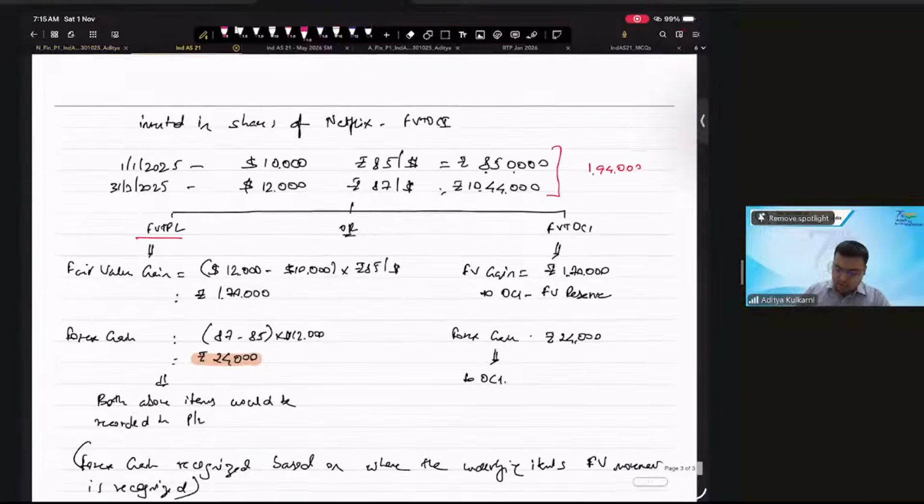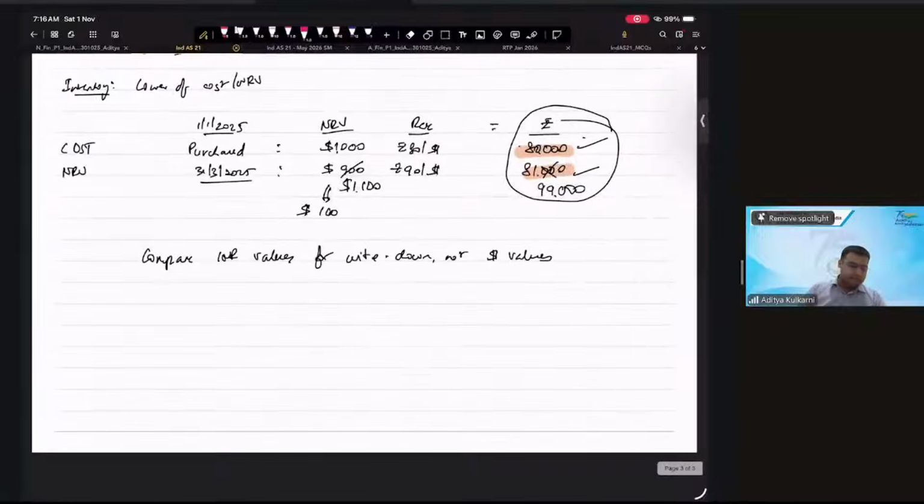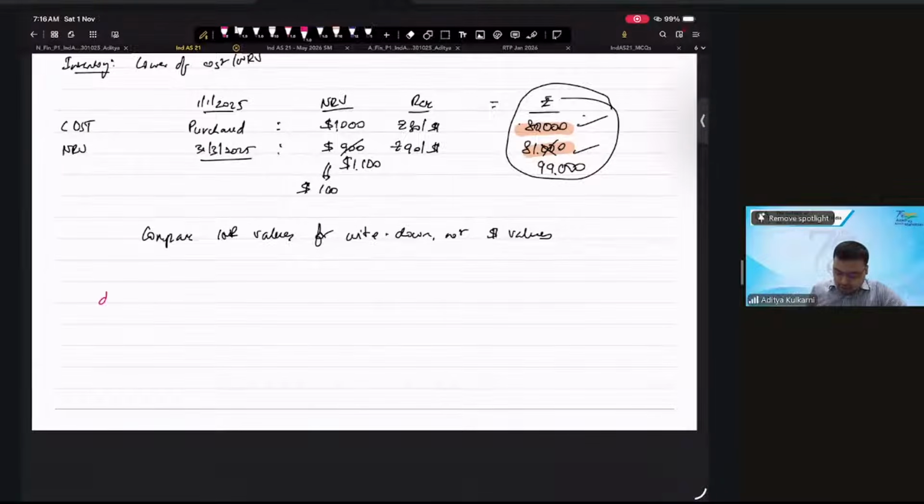Now let us come to our understanding. When we talk about foreign operations, they could be of two types: one is dependent, and the other is an independent foreign operation. Have you studied this?